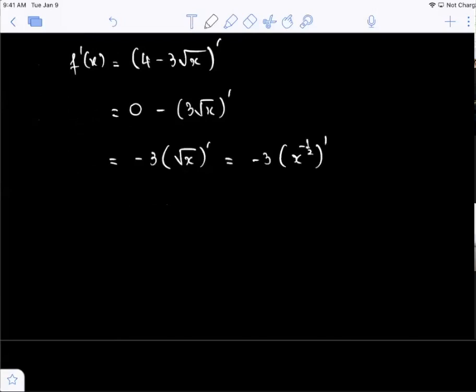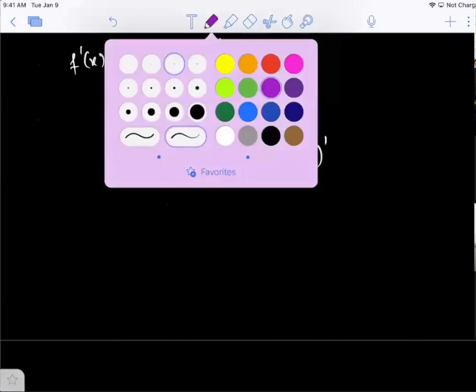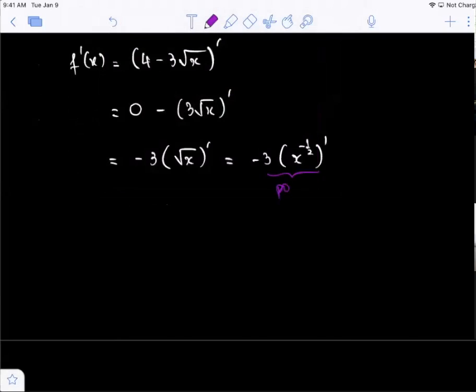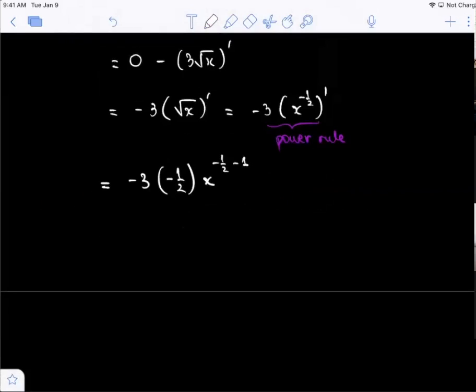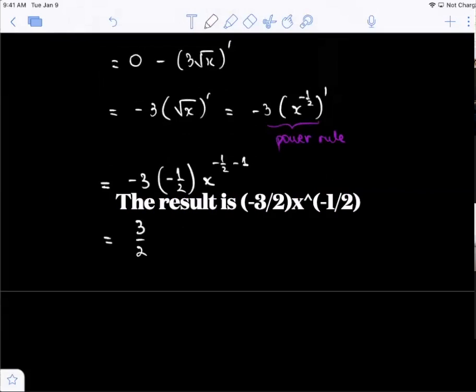And then I can apply the power rule right here. And I get negative 3 times negative 1/2 times x to the negative 1/2 minus 1. Simplify this, I get positive 3/2 times x to the negative 3/2.